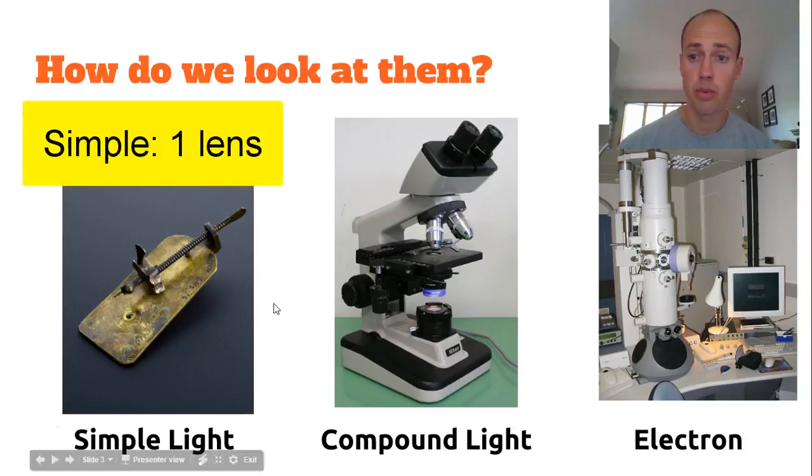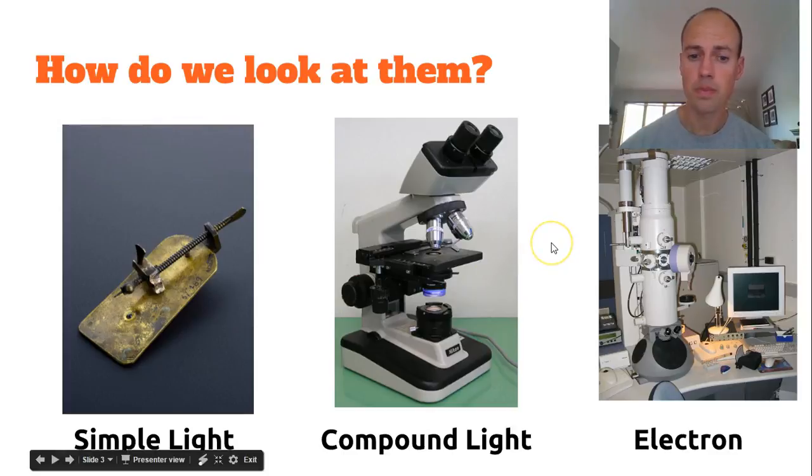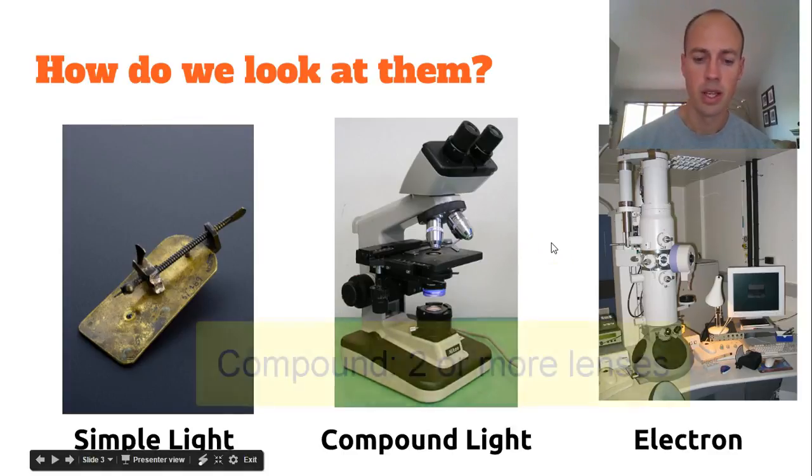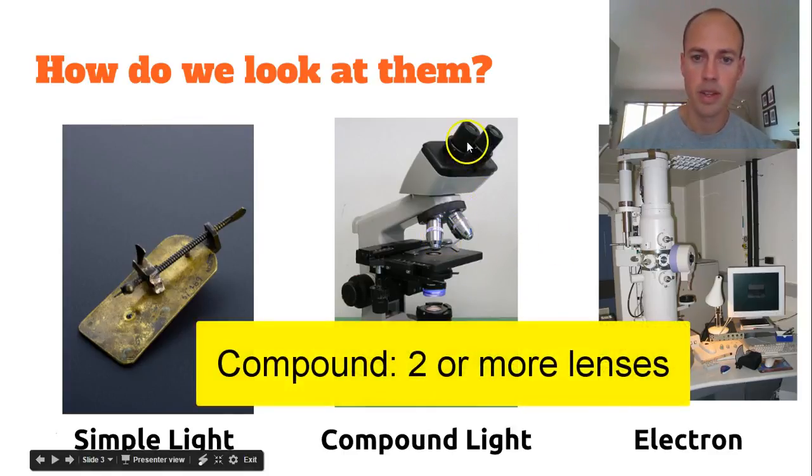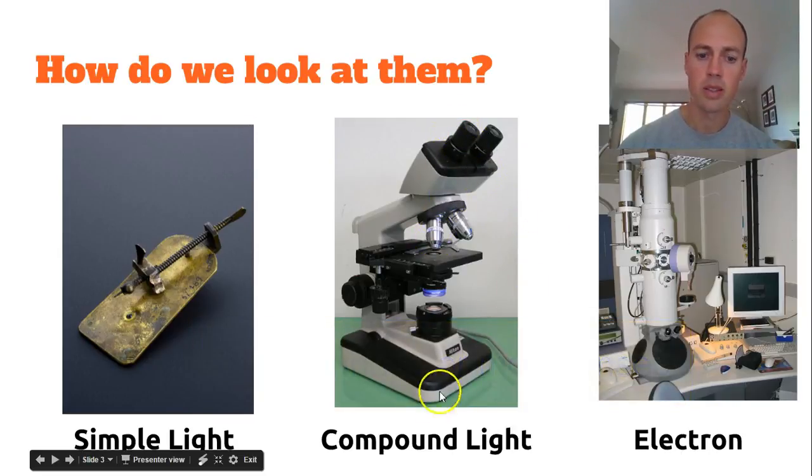Nowadays, the microscopes in our room have two or more lenses, both in the objective and then the eyepiece. So since you're looking through two or more lenses, it's called a compound light microscope. So simple light is one lens, and compound is two or more lenses.